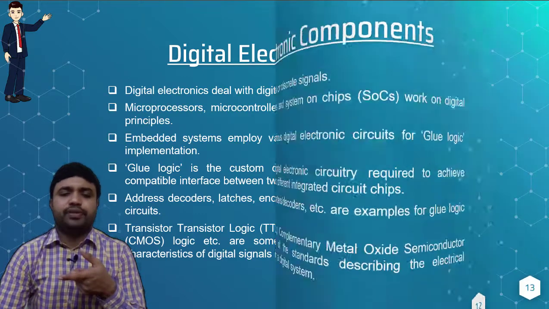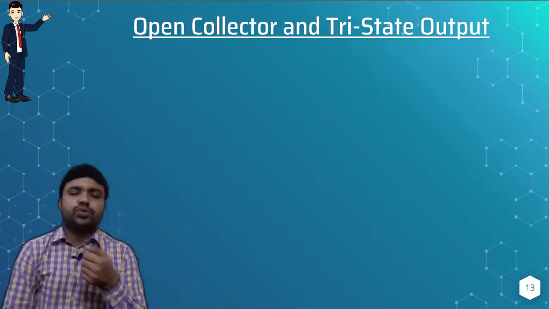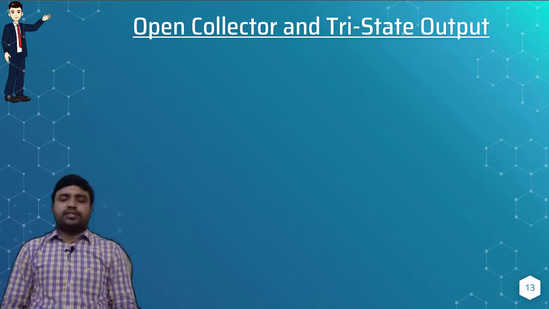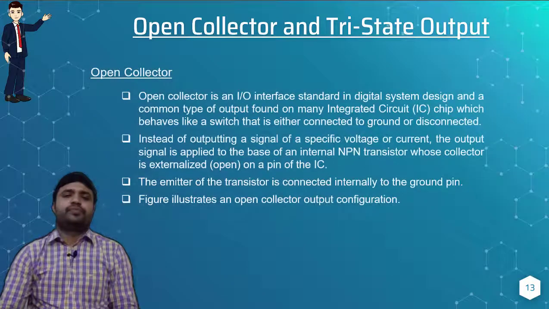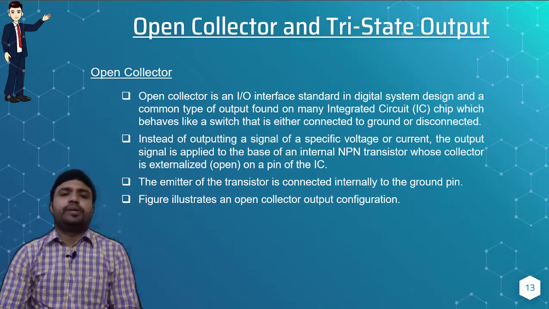Right, next. The next topic is the open collector and tri-state output. In this topic, we are going to consider the transistor as the key element for operation purposes. First, let's see the open collector.